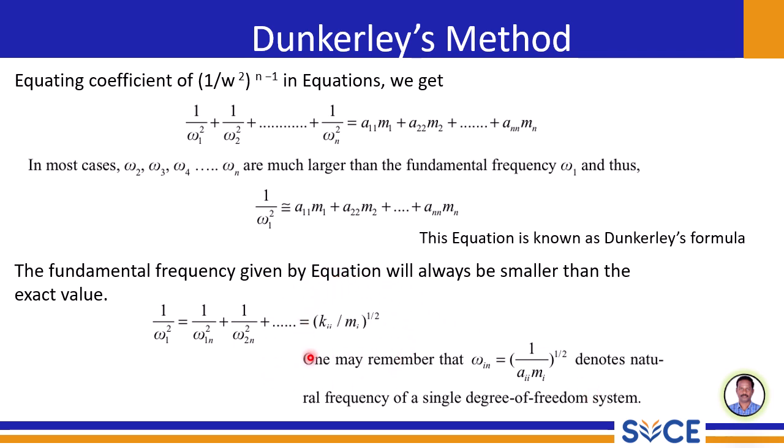This term is equal to mi divided by ki, which is the inverse of the square of the natural frequency of a single degree of freedom system consisting of mass m and stiffness k. So this provides an intuitive way to understand Dunkerley's method as combining the effects of individual masses on the overall fundamental frequency.